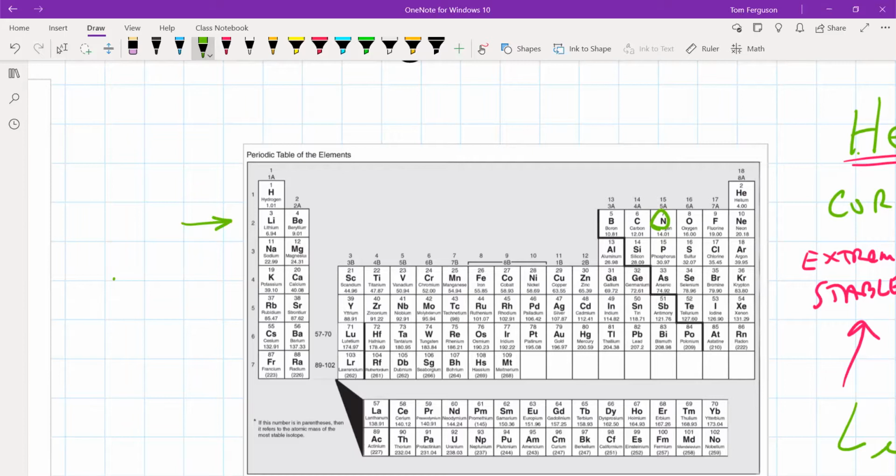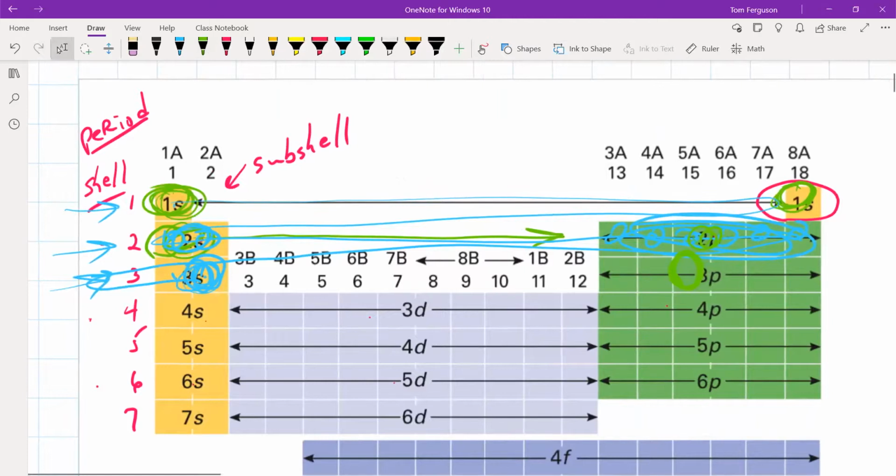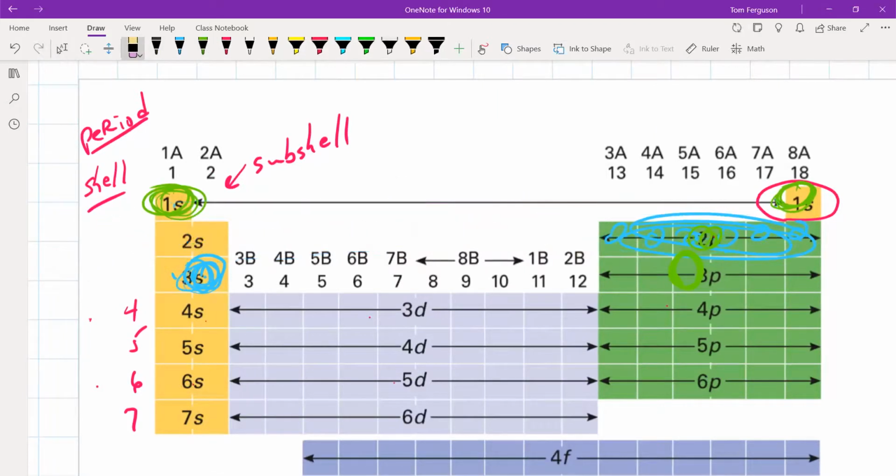Shell 2 are the valence electrons, and it has S's. Let's clean this up here. And this is where nitrogen is located.